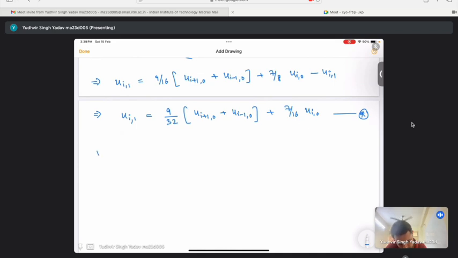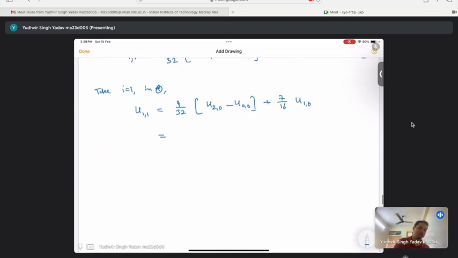So first I will take i equals 1 in star. It will give u_1^1 = 9/32 times (u_2^0 + u_0^0) + 7/16 times u_1^0.